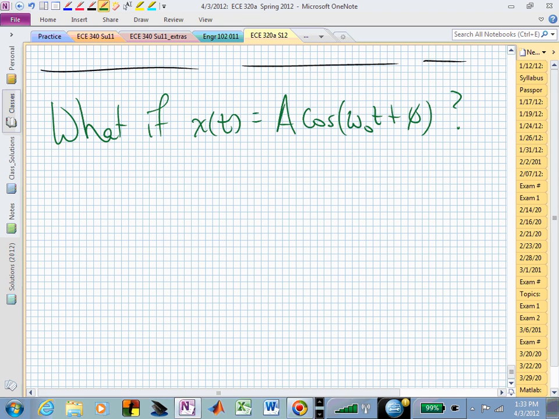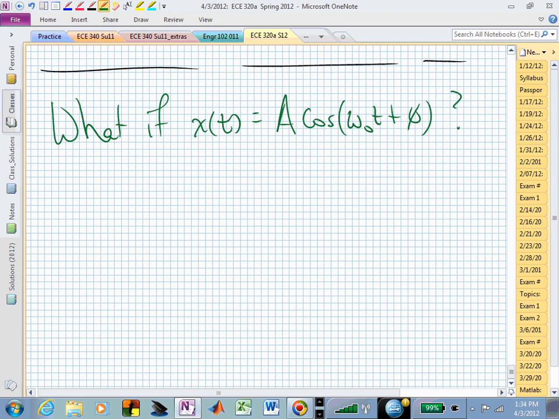If I shake this at omega naught, you know that the output is going to be moving at the same frequency, omega naught. It's just the amplitude might be different from A, and it may be shifted in time, so it may have a different angle. And what we want to do is figure out how we use H, the filter or the transfer function, to give us that information.